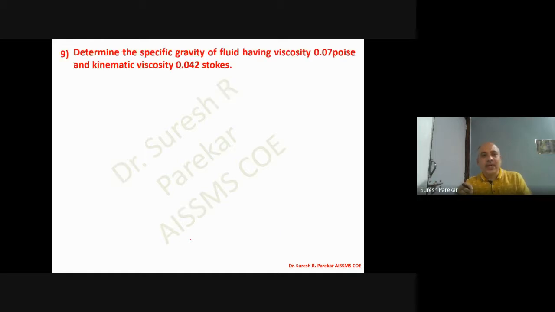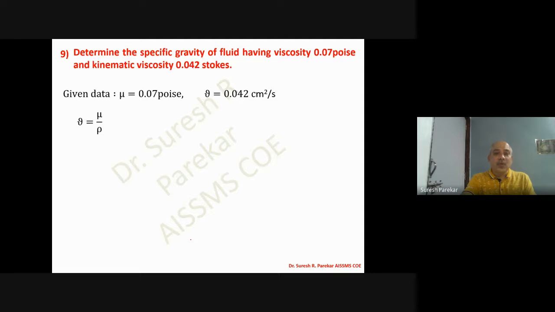Then we will determine the specific gravity of a fluid having viscosity 0.07 poise and kinematic viscosity 0.042 Stokes. These are given in CGS, so we have mu 0.07 poise and nu 0.042 centimeter square per second.